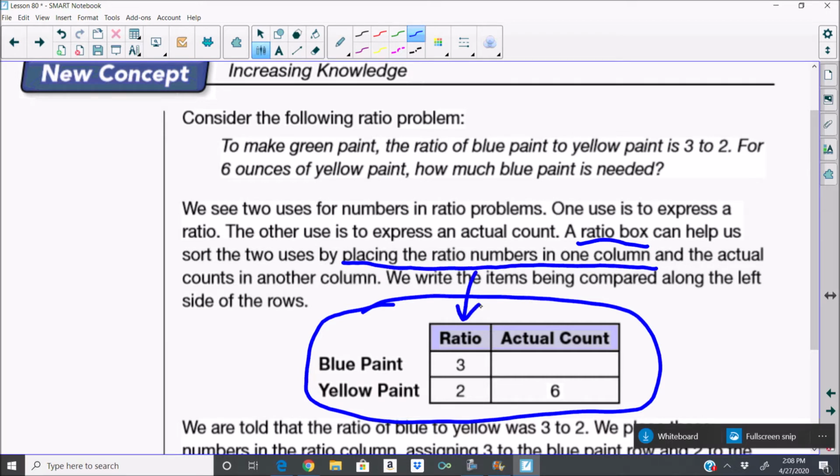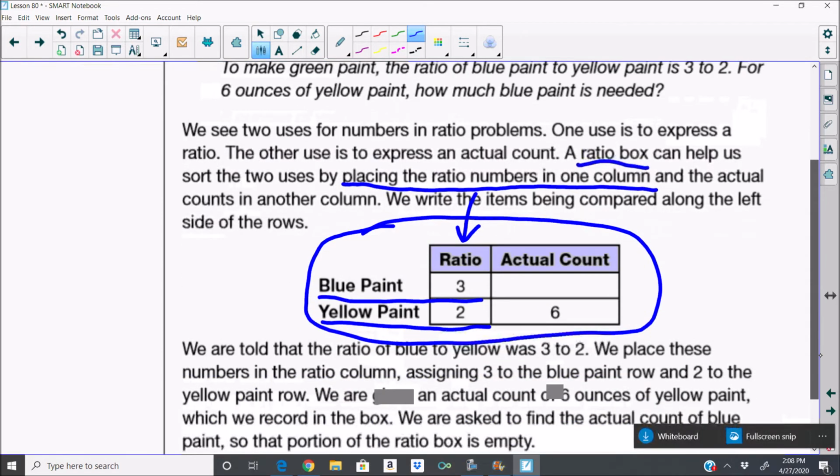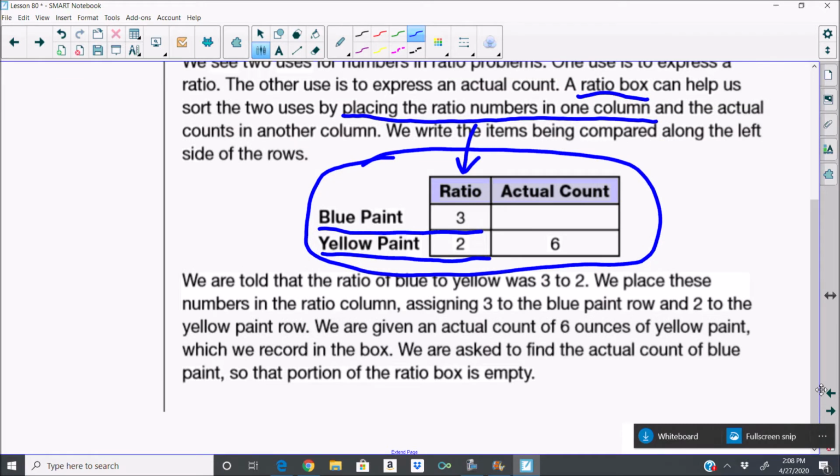We place the ratio numbers in one column. So there's the ratio. The ratio of blue paint to yellow paint is 3:2, and the actual counts in another column. We write the items being compared along the left side of the rows. So we identify that blue paint, there's 3. For every 3 units of blue paint, we have 2 units of yellow paint. We are told that the ratio of blue to yellow was 3:2.